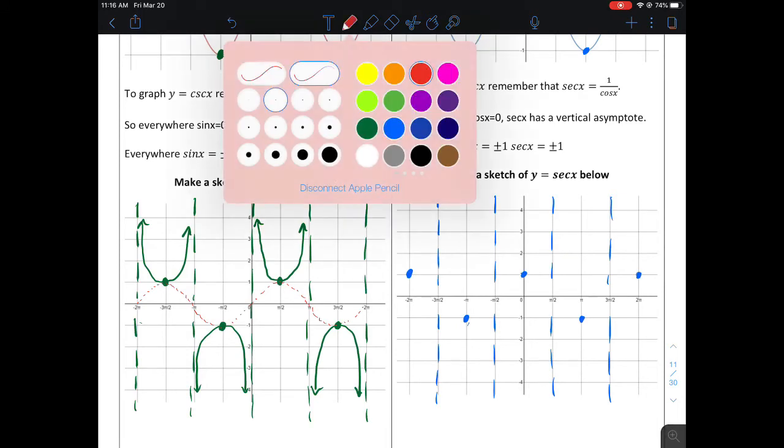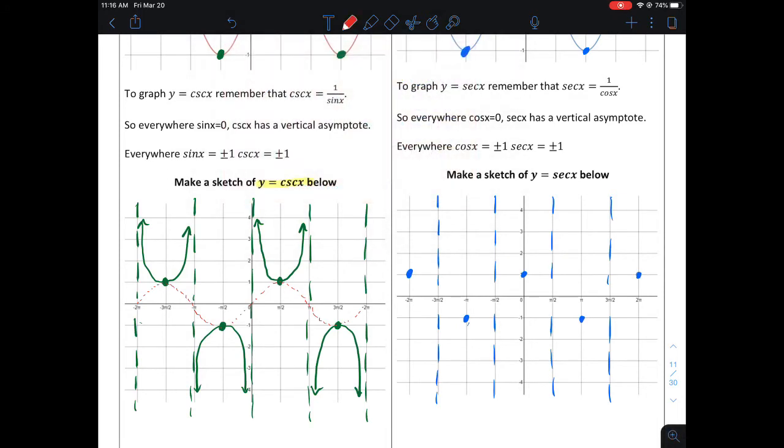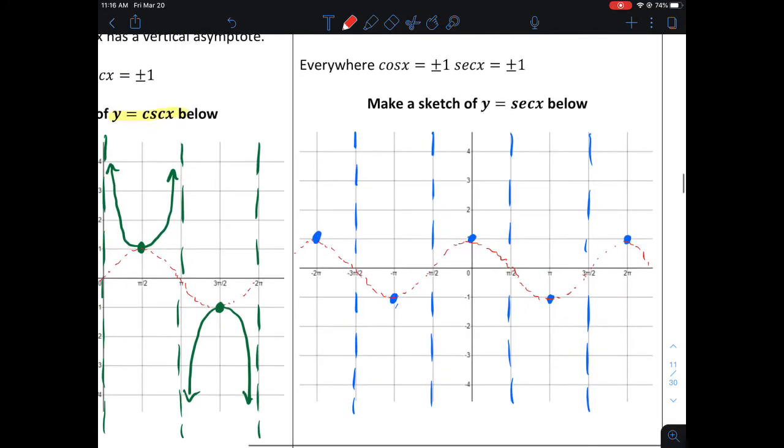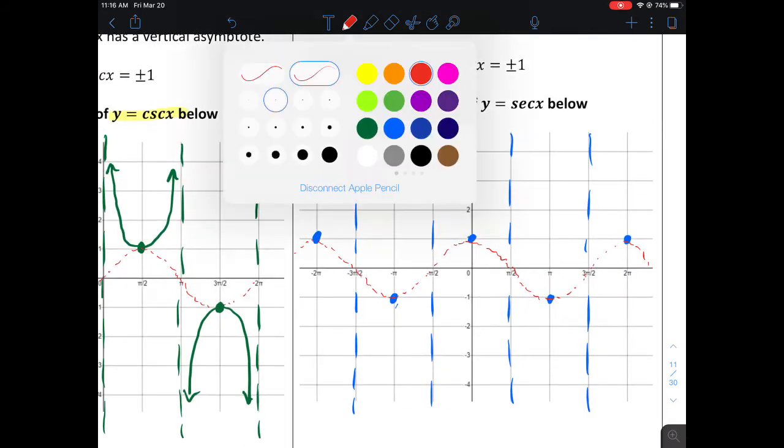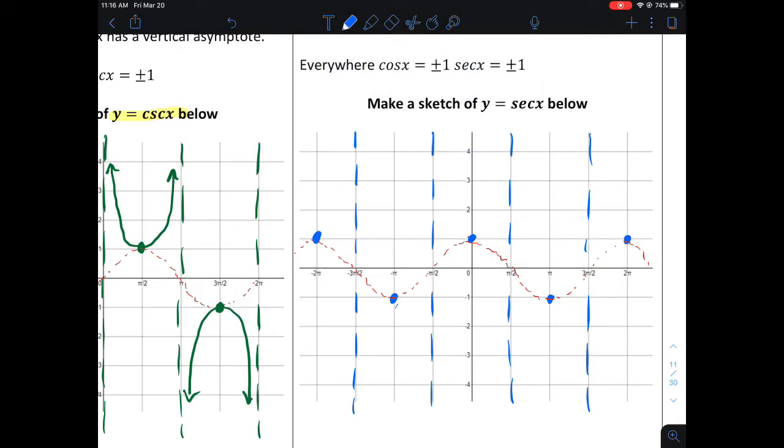Now, you should see here that essentially what is going on is everywhere that cosine intersects its midline, secant has that vertical asymptote there. Now to finish graphing secant, I don't need that graph of cosine to make the graph of secant. It's just there as a visual reference, but secant has to display unbounded behavior, and it does not equal 0 anywhere, so it's going to turn away from cosine.